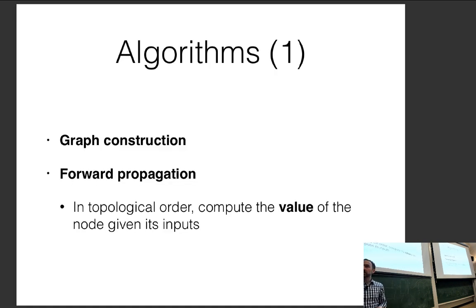There's some algorithms that go into calculating these neural networks. So the first algorithms, the most important ones, are graph construction and forward propagation. What these do is they basically define the calculation that you want to do, and do forward propagation that actually calculates the values.